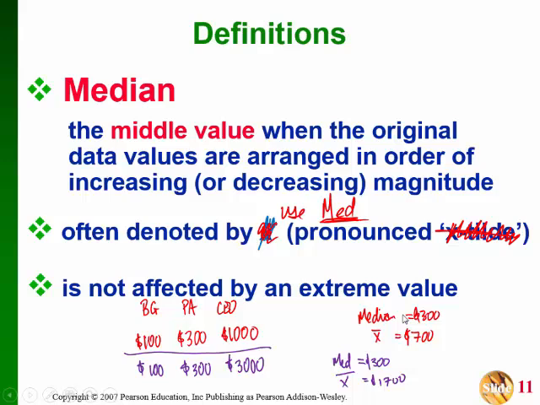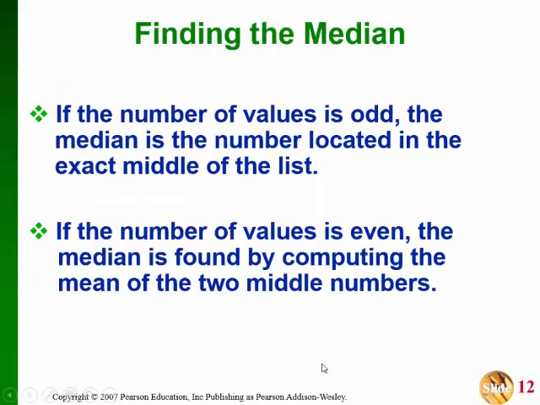If you have an even number of numbers, like the bodyguard, personal assistant 1, personal assistant 2, and then the CEO, and whatever they're making in weekly hours, what you would do to find the median is find the 2 middle numbers and then take the mean between these 2.